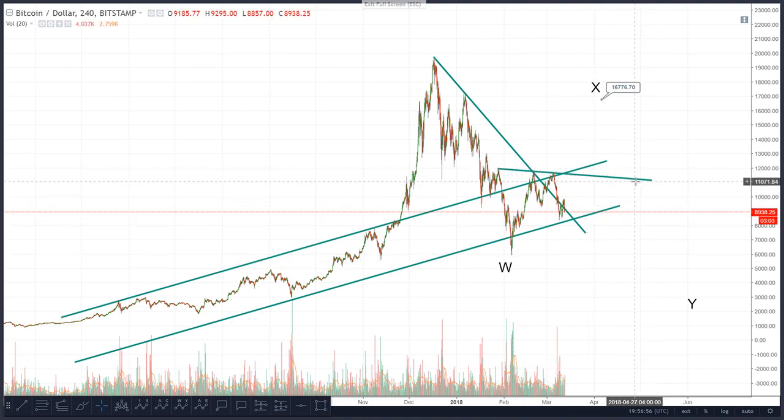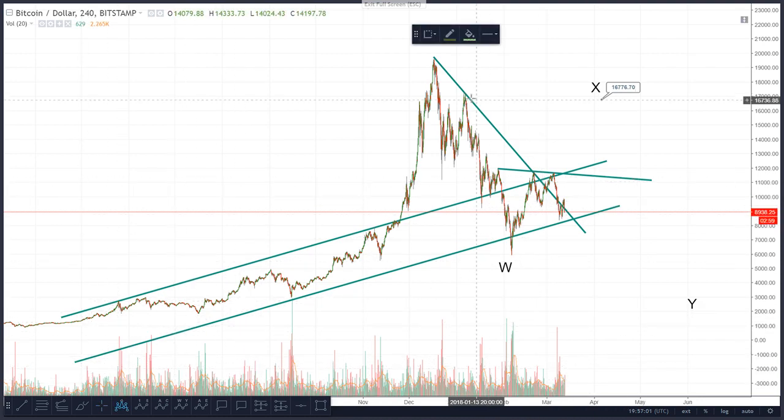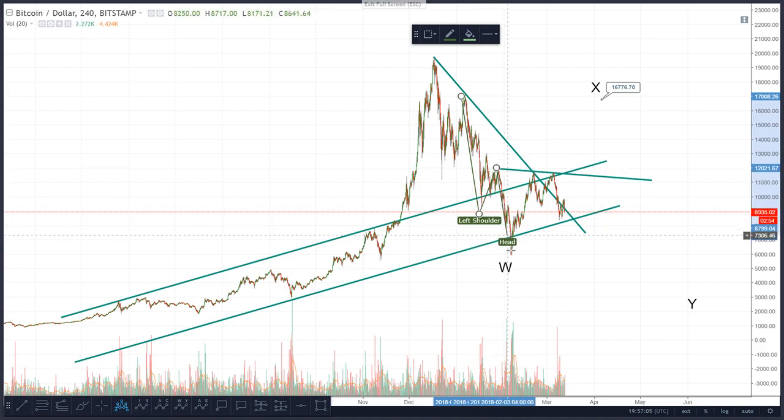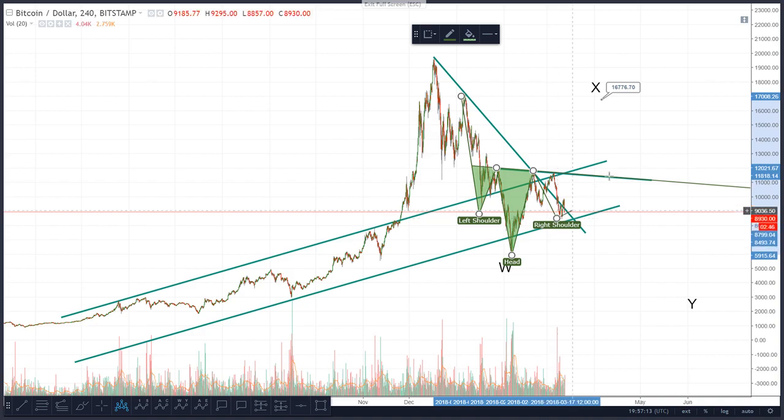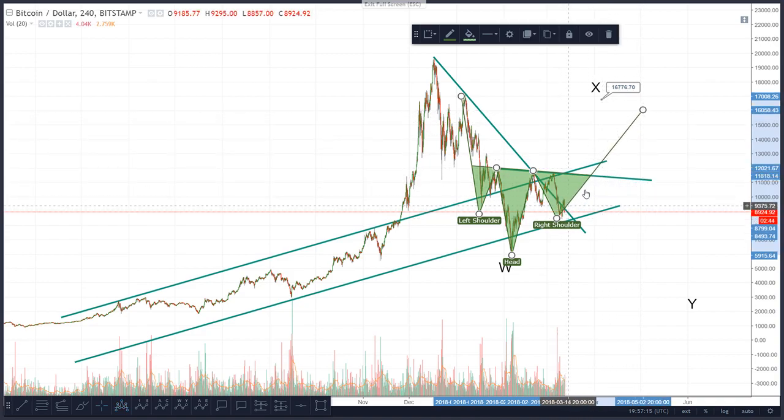So this line is the neckline of the inverse head and shoulders. The inverse head and shoulders looking like this: left shoulder, then head, and right shoulder finishing here, and then breaking out. And this is your neckline here.